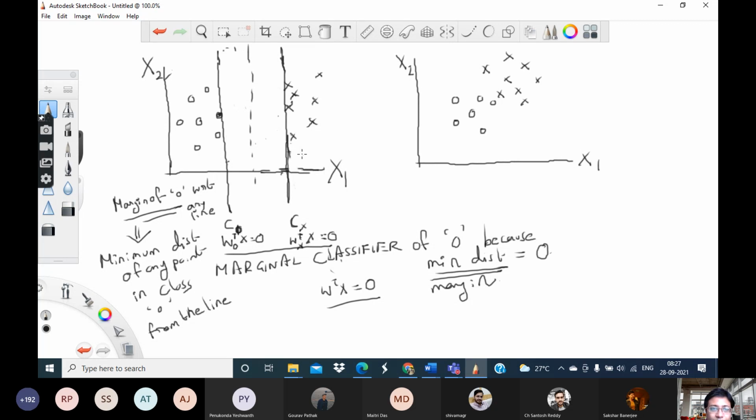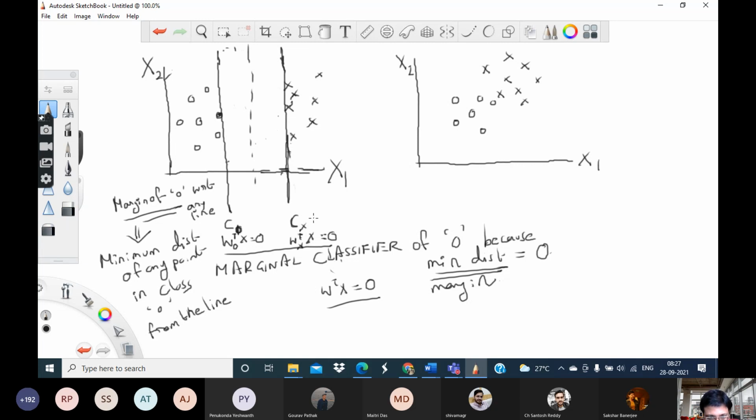The same I can say about C cross also, because as we can see, the distance of these two points from this classifier is again 0. In this case also, the minimum distance of any point from the cross class to this line is 0.